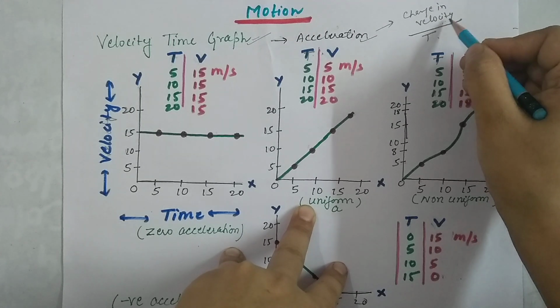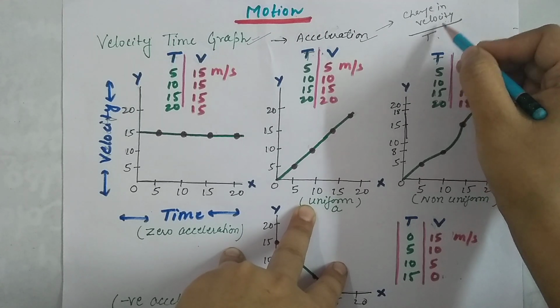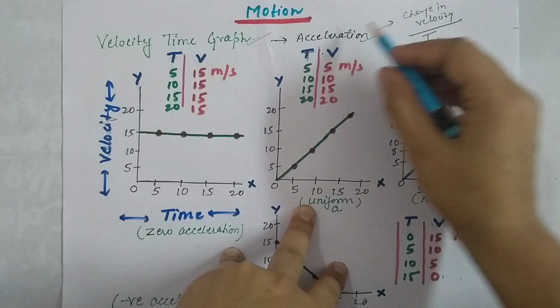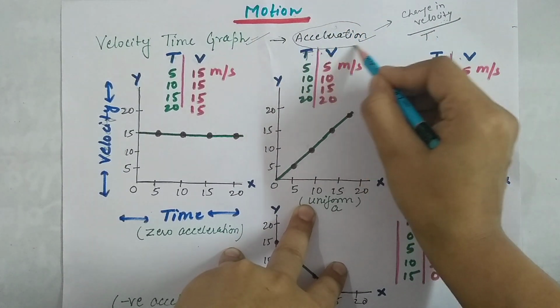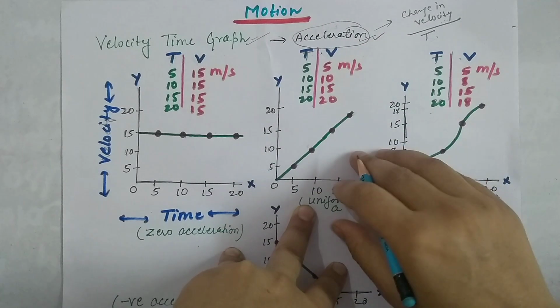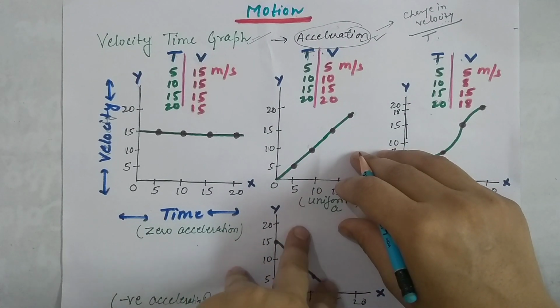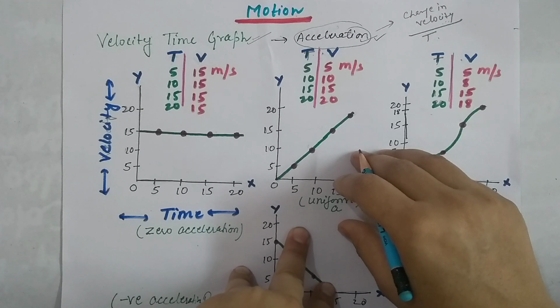When we take velocity and time on the graph, it gives us information about the acceleration.